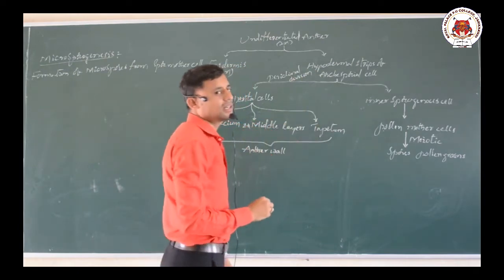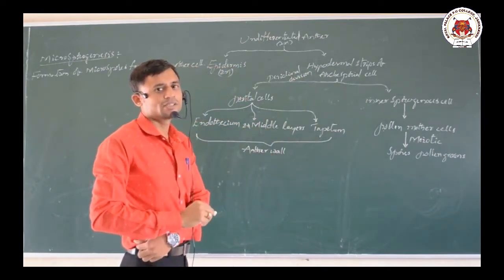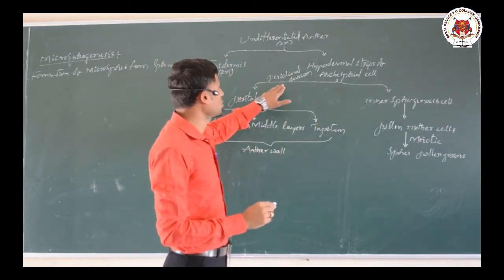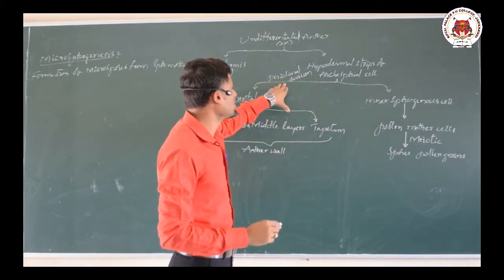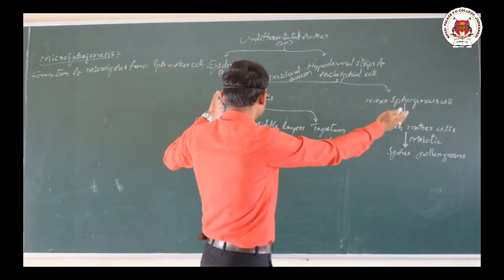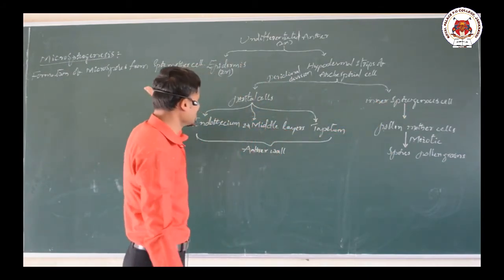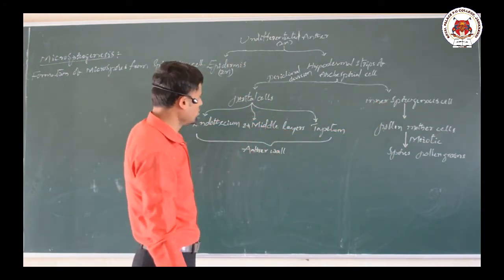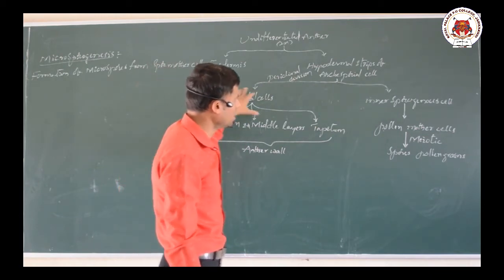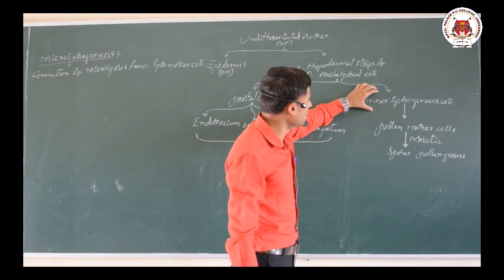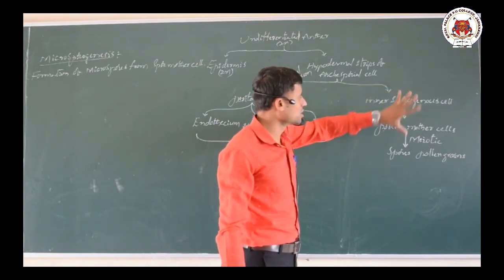This periclinal division helps in the formation of two types of cells: towards the outer side, the parietal cells, and in the inner region, the inner sporogenous cells.